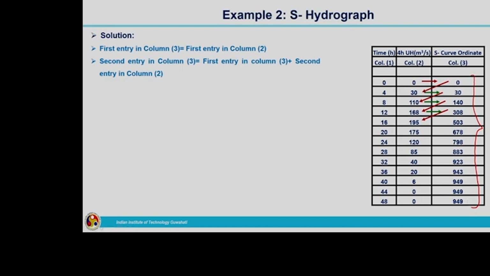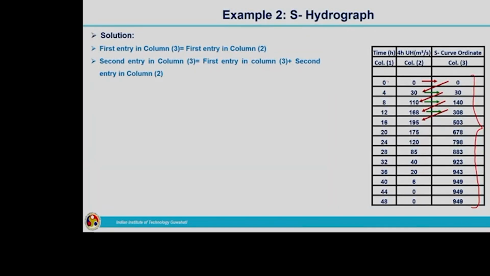So, here instead of separately writing a S-curve addition column, we have directly summed up the ordinates to get the ordinates of the S-curve. Only thing is that you have to be careful about the interval by which the data is given. If your unit hydrograph is of 4 hours and the interval given is 2 hours, while adding you have to add corresponding to 4 hours, that is first entry will be put in the cell corresponding to 4 hours.